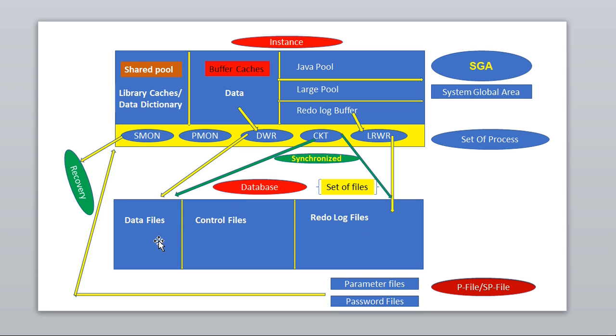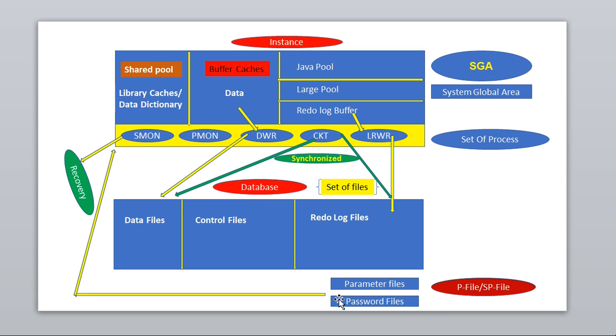Data files are where the actual user or system data is present. Control files basically hold control over all the files. Redo log files capture the ongoing transactions.